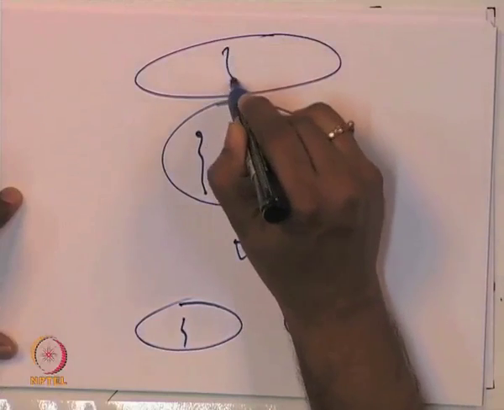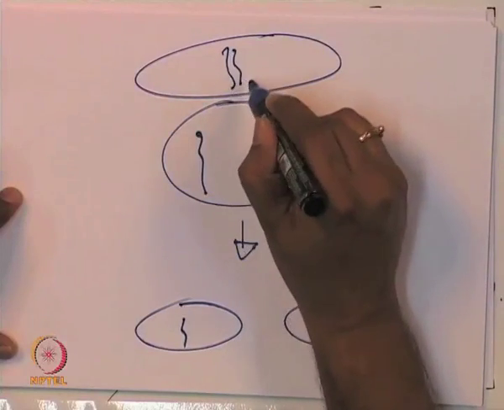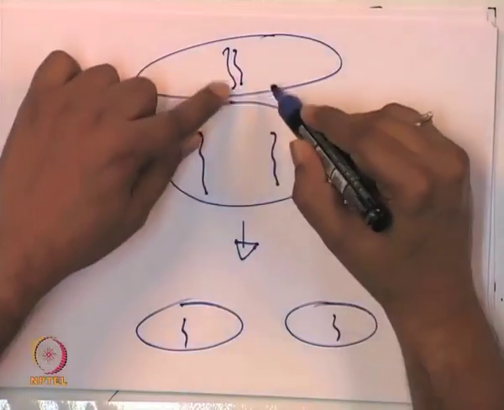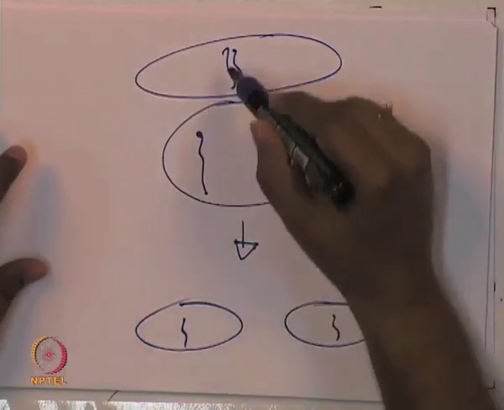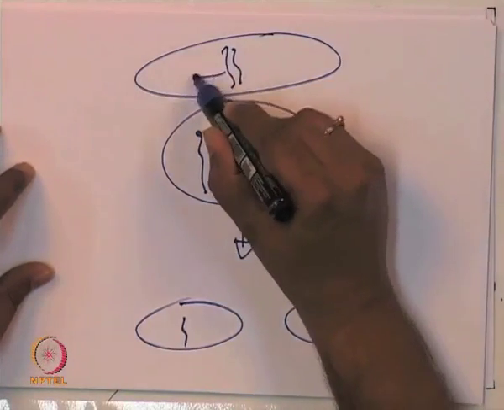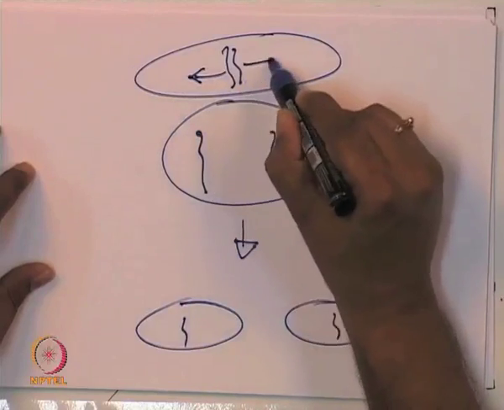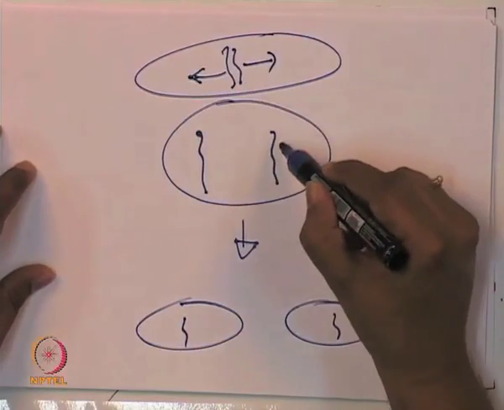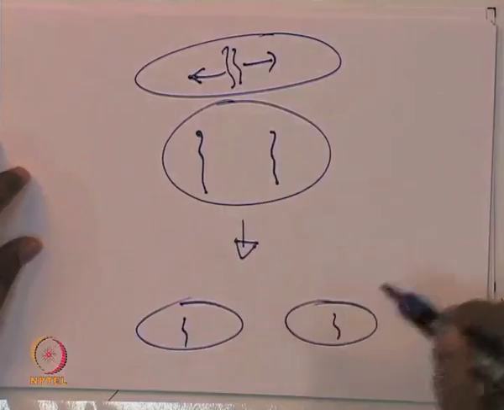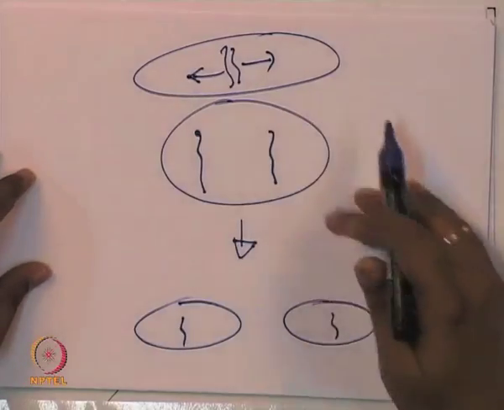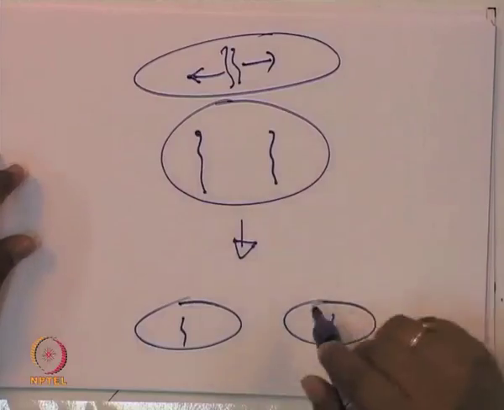Initially the chromosomes will be like this, and they have to be pulled apart to reach this kind of situation, and then the cell division happens. So, you have 2 chromosomes, this has to be pulled in this direction, and this has to be pulled in this direction, so that the chromosomes are pulled apart, and then you get this. This is the kind of cell division we are thinking about.